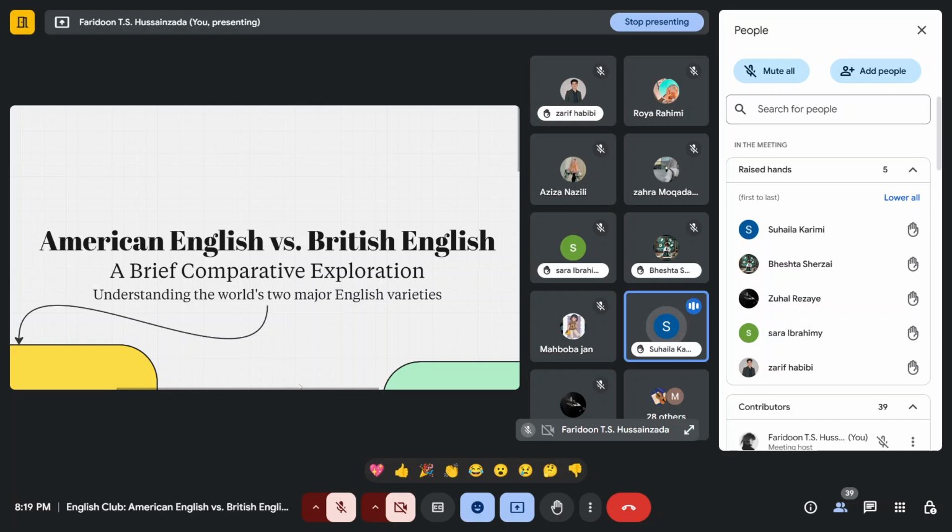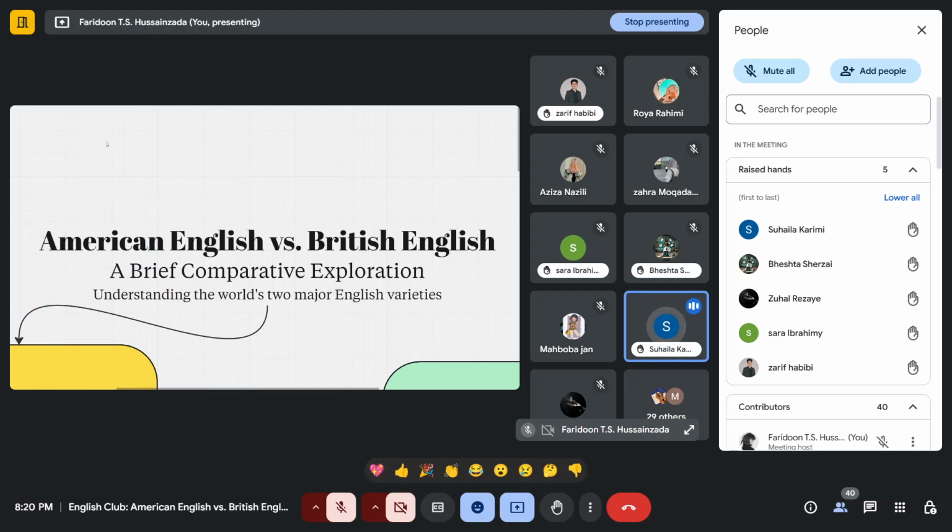As others mentioned about American English and British English, firstly, I myself love the American English accent because it is beautiful to pronounce. There are some differences between these two.